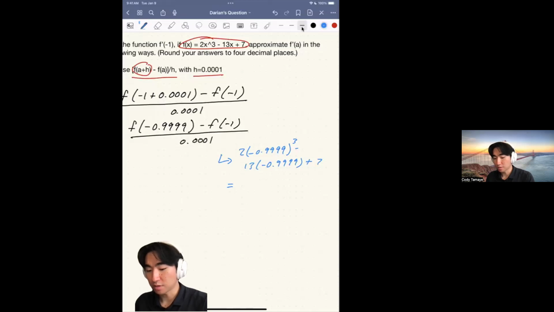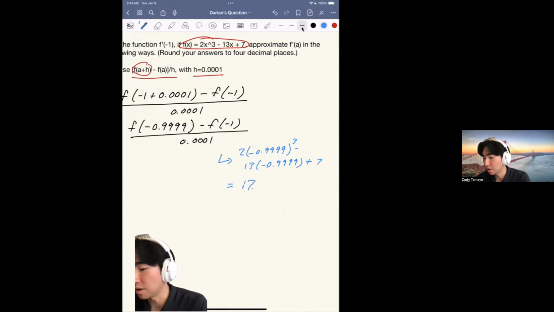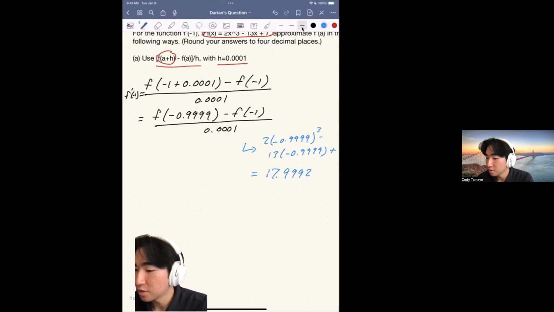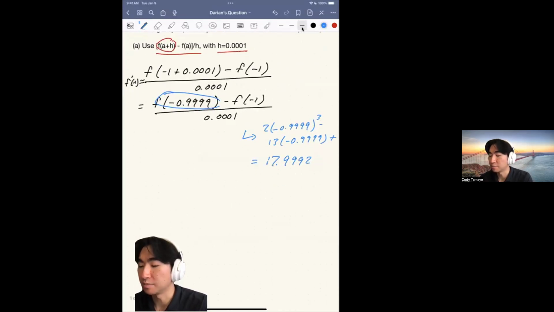For 2 times -0.9999 to the third power, minus 13 times -0.9999, plus 7, we get a value of 17.9992. Okay, so now we know this value is equal to 17.9992. Now we need to plug in our value of f of -1.